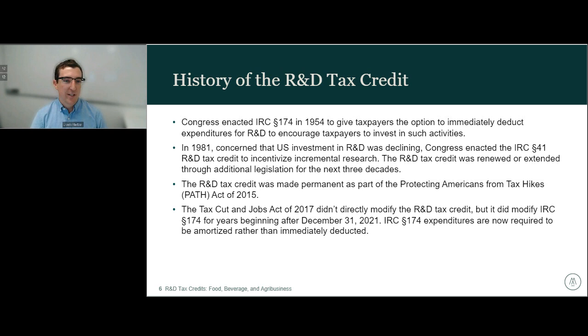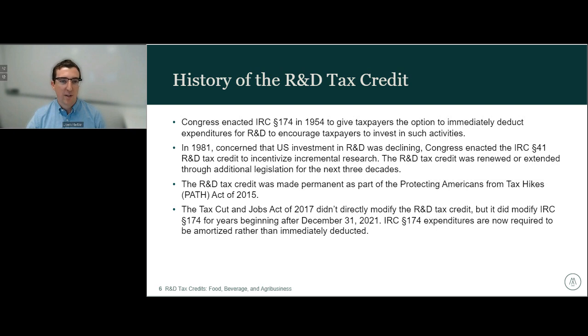But by 1981, concerned that U.S. investments in R&D were declining, Congress added the Section 41 R&D tax credit, which is our primary topic of discussion for today's presentation. The R&D tax credit was extended several times after 1981 until it became a permanent tax credit with the passage of the PATH Act in 2015.